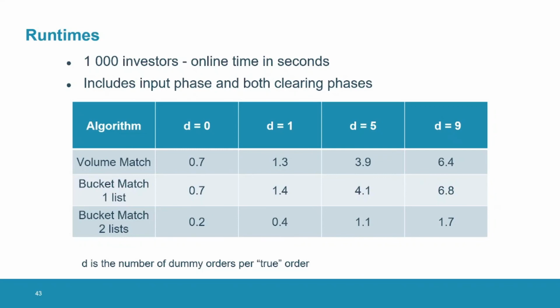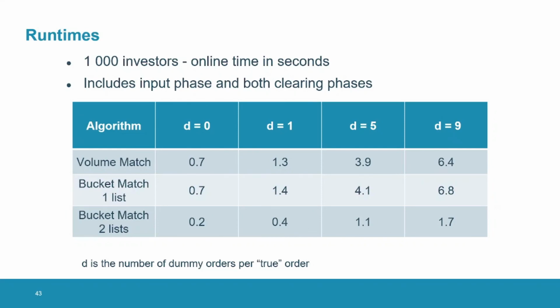Then the volume match and the bucket match with one list seem to have very similar runtimes for each value of D, but we should notice that for the volume match, the dummies are not so relevant, because even if we know the number of orders that are left to trade, they might have any volume and we have no way of predicting it. While for the bucket match with one list, the dummies are essential for hiding the volume that was left untraded.